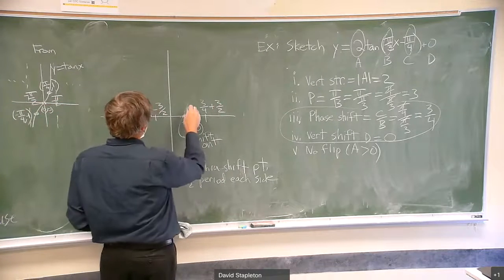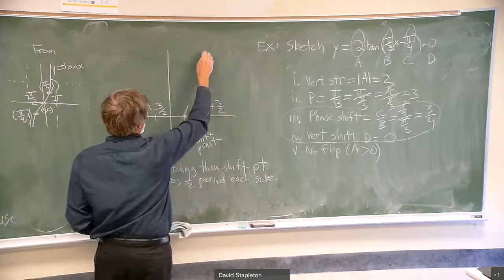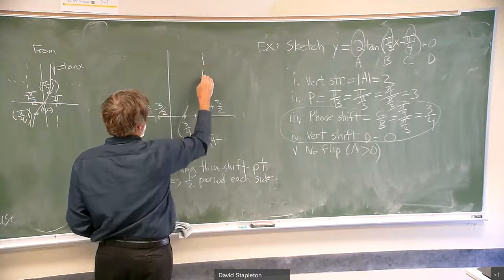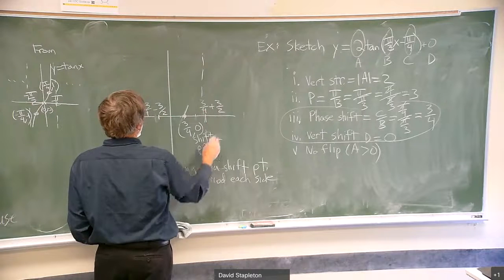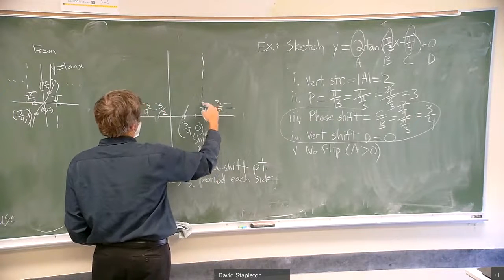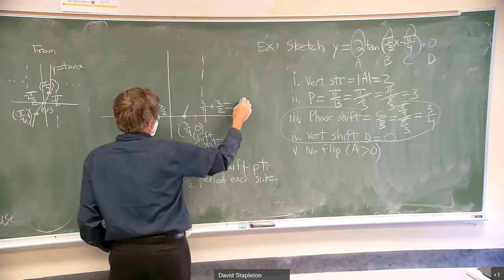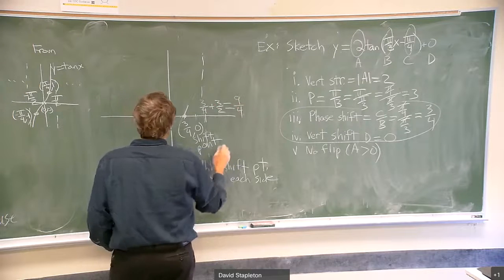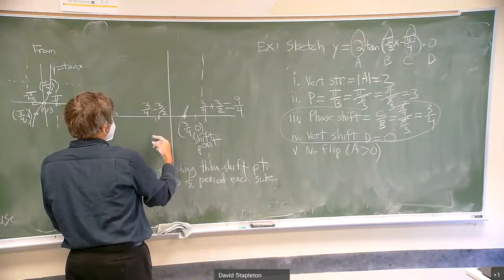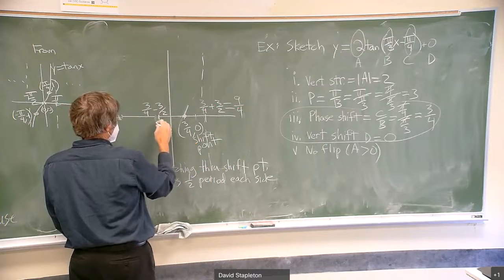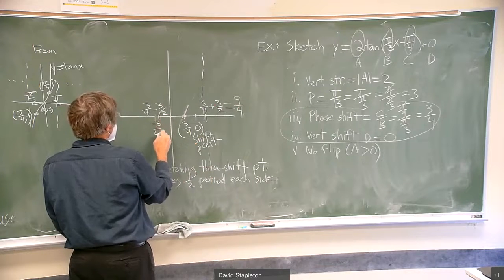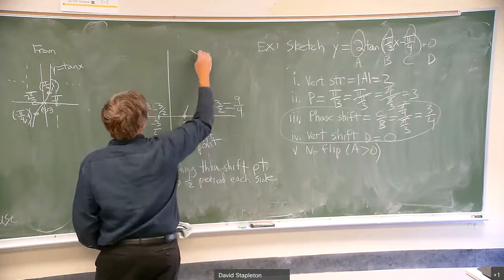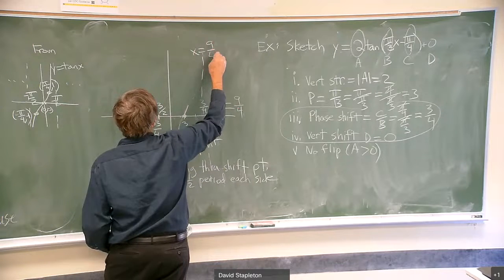So draw the tangent through the shift point, and then this will be an asymptote. Right. 3/4 plus 3/2. Well, you can add that up. This 3/4 plus 6/4 is 9/4. This one is 3/4 minus 6/4 is minus 3/4. And so we have an asymptote here, x equals 9/4.